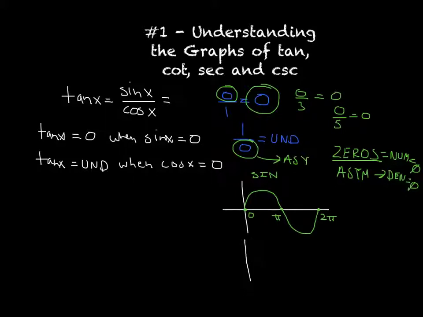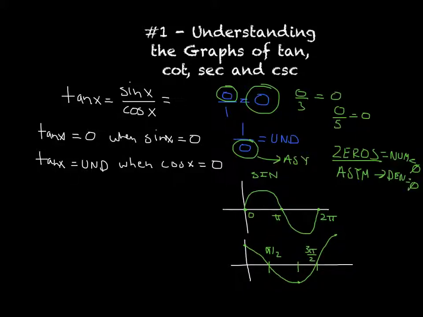Cosine graph, it starts at its maximum, halfway through reaches its minimum, and then back to its maximum, and then right here and here. So it's going to cross. So this is pi over 2, and this is 3 pi over 2.